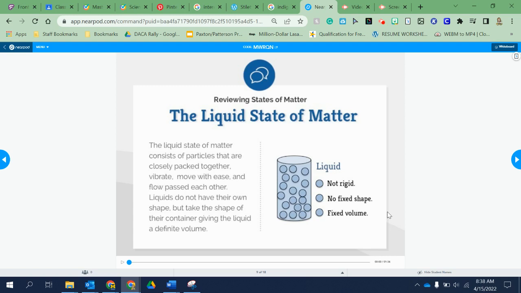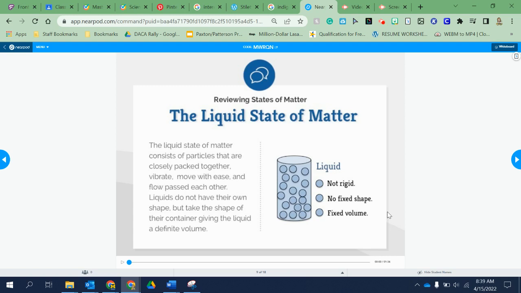Liquids do not have their own shape, but they take the shape of the container, and have a definite volume. Right. So for this one right here, you see it's not rigid, right? It's not stuck in a block shape like the solid. It isn't a fixed shape, right? It can turn into whatever shape of container you put it in. So if you have it in a round container, it turns round. If you have it in a square or cubed container, it turns cubed. So that's what it means that it has no fixed shape, right?